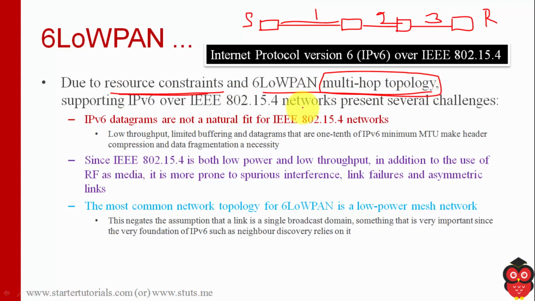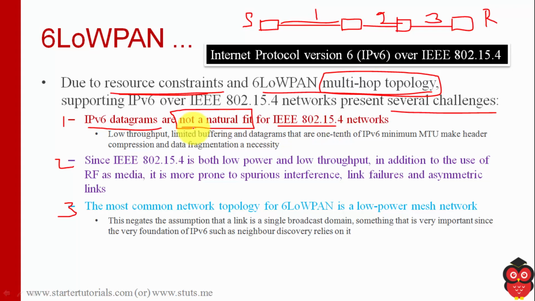Because of the resource constraints and because of this multi-hop topology, there are several challenges. What are the challenges? We have three here. The first challenge is that IPv6 datagrams are not a natural fit for IEEE 802.15.4 networks.